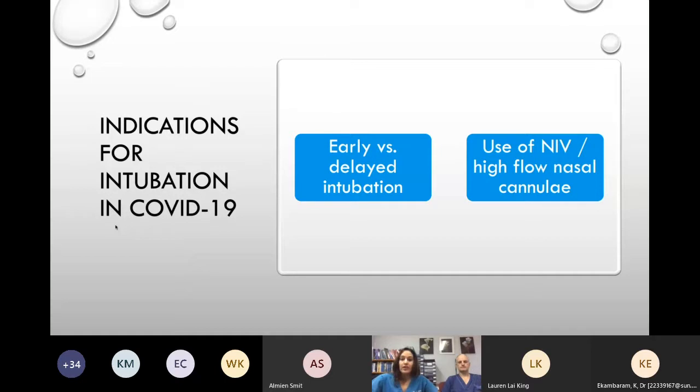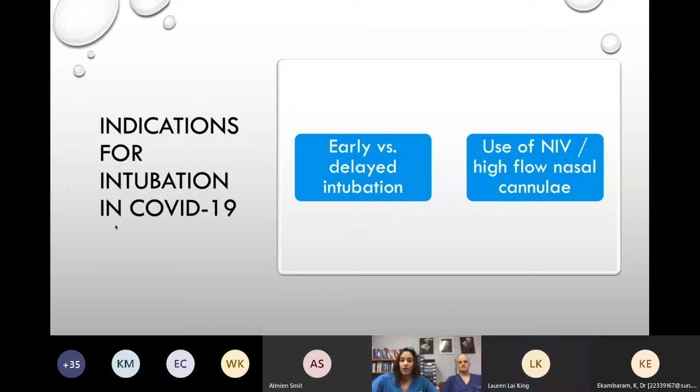So we know that traditionally, when you've got an ARDS type of situation, our indications for intubation have been things like clinical parameters such as a respiratory rate over 30, some blood gas parameters, perhaps a PF ratio less than 200, a PO2 less than 60, visually looking at your patient and noticing that they are tiring, they're using their accessory muscles, they're not coping with a prolonged tachypnea.